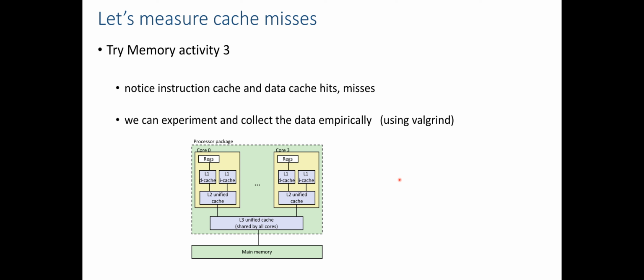And next time I'm going to show you some even more interesting examples of code and some very classic issues that we run into if we aren't thinking carefully about the locality of our programs.